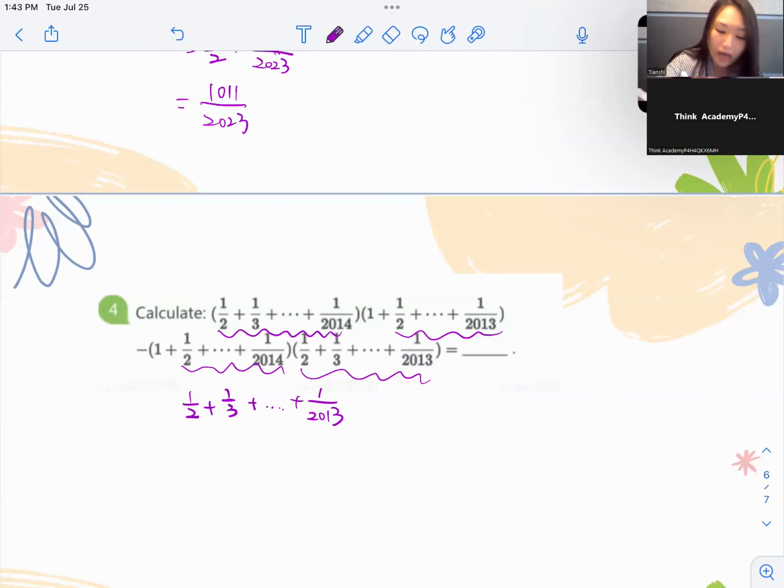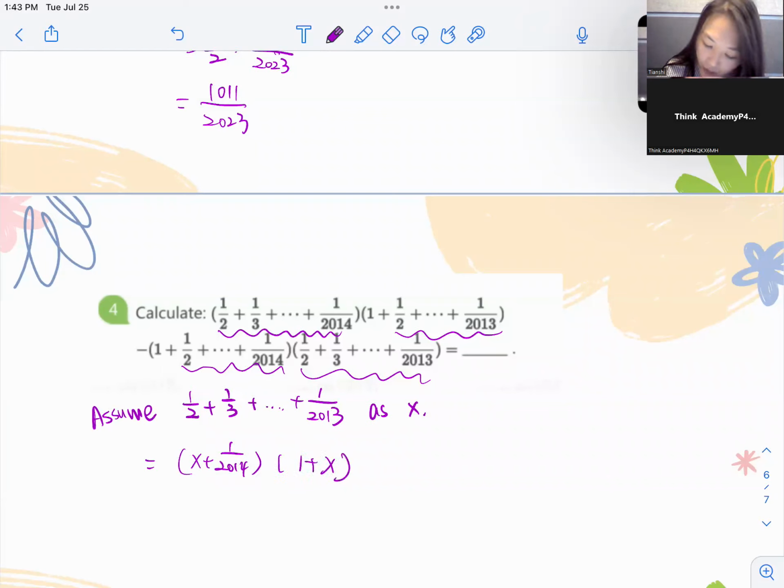So we can assume the whole thing, the combo, as x. Then we can rewrite it in the form of x plus 1/2014 and then 1 plus x. And the third term is 1 plus x. And also we have the last term left.